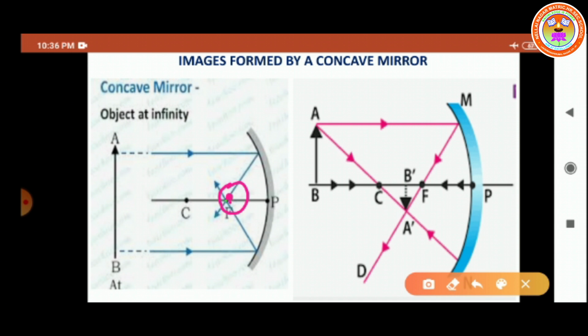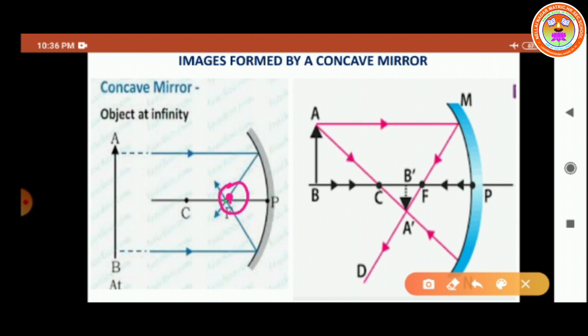Whether we use the concave mirror or the convex mirror, the nature of the image depends upon the mirror. Mostly the concave mirror gives us a real and inverted image. The convex mirror gives us a virtual, that is imaginary, and also an erect image only.